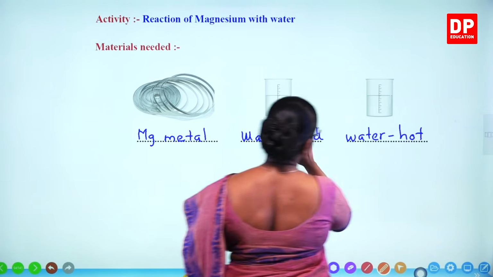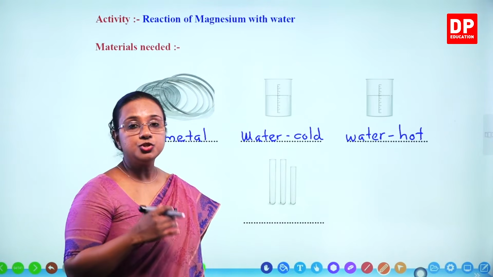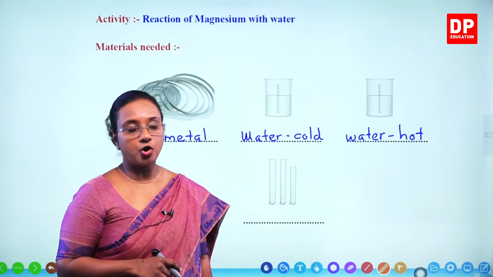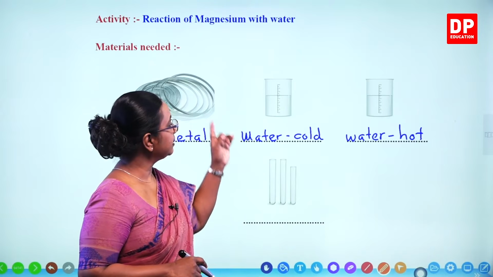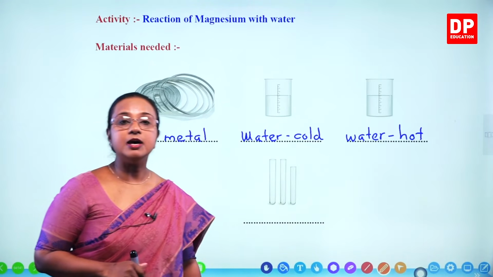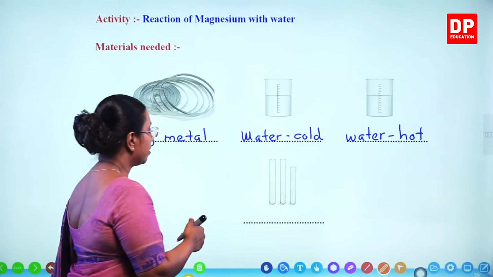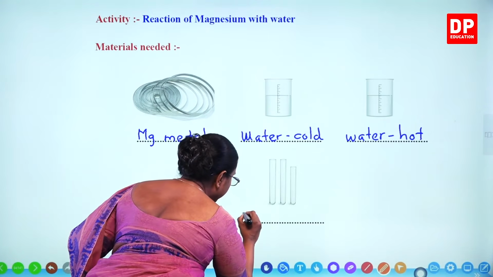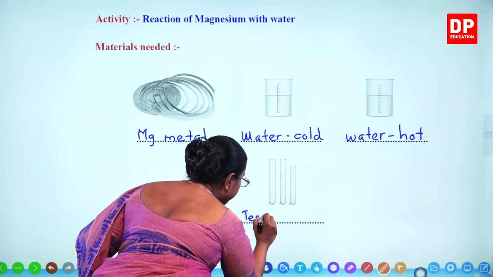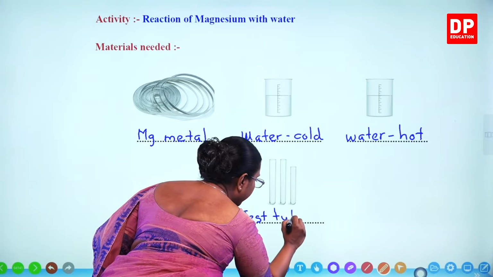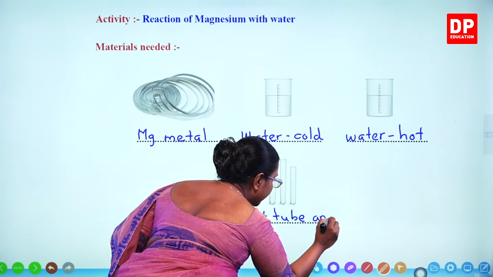So that is the reason why you are given 2 beakers containing water. We'll do the activities with cold water and hot water. And also we will be using test tubes and boiling tube.